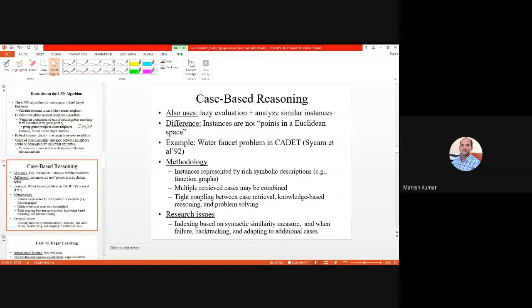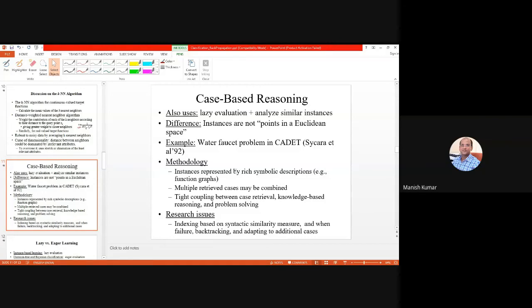Next is case-based reasoning, which is again a lazy evaluation. It analyzes similar instances, the only difference from k-NN being that it never uses Euclidean distance or Euclidean space.